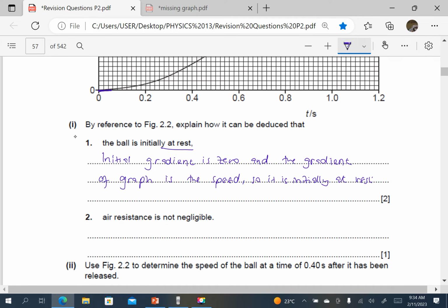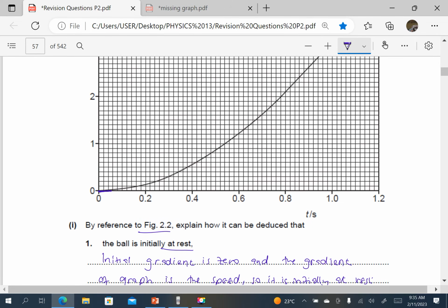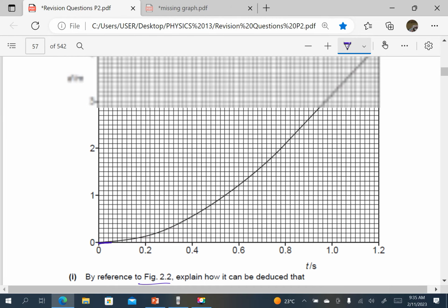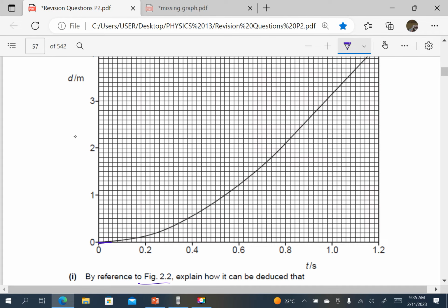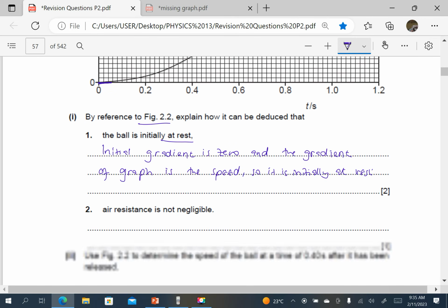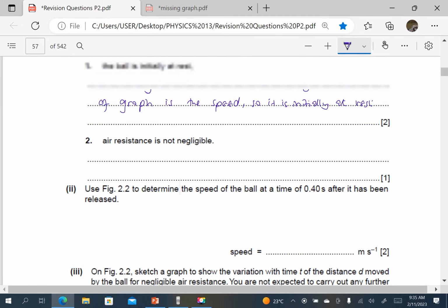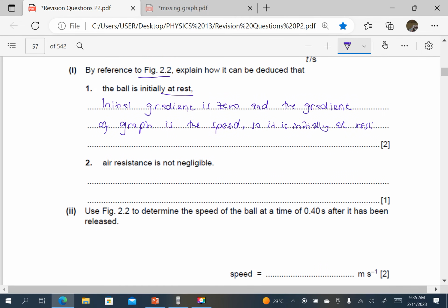Air resistance is not negligible. By reference to the figure, explain how it can be deduced that air resistance is not negligible. So you see that as time goes on, the gradient of the graph increases and then it becomes constant, which means the speed increases and then it becomes constant. So that means air resistance acts. When the speed is constant, we have reached terminal speed or terminal velocity.